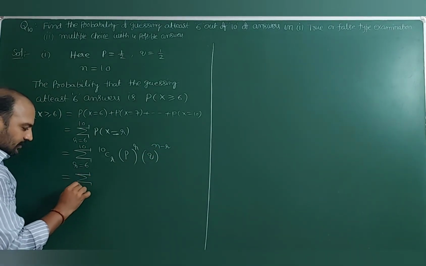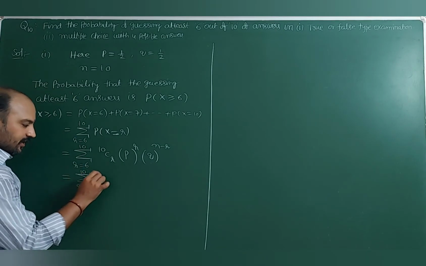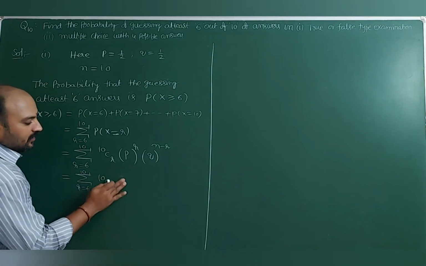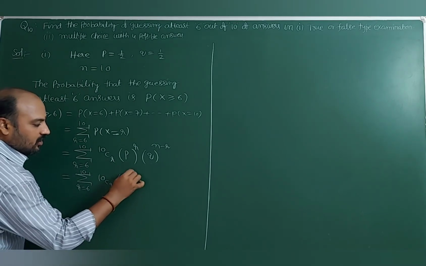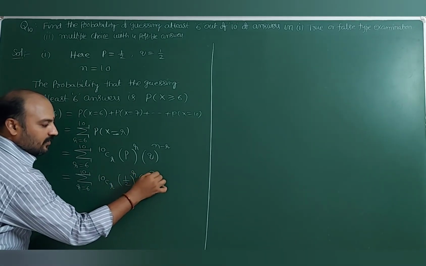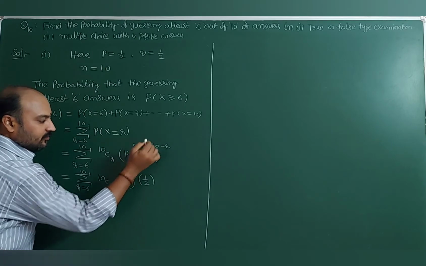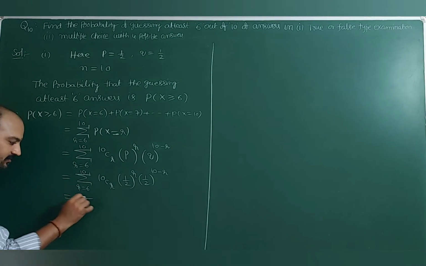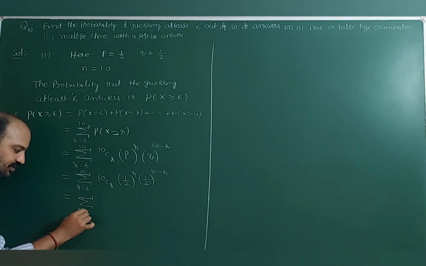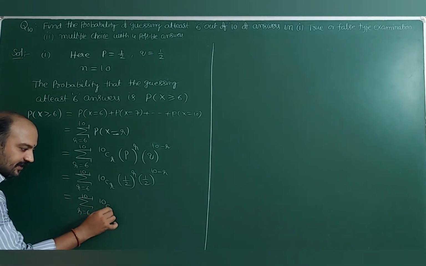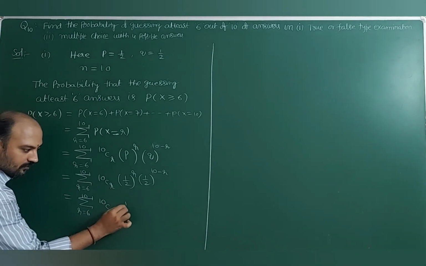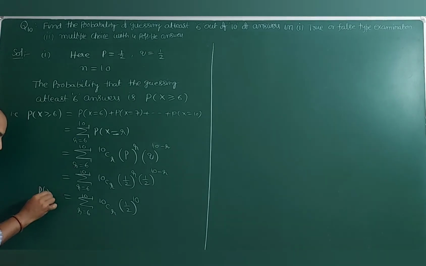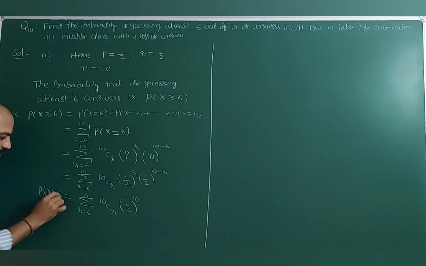So summation r is equal to 6 to 10, 10 C r, P value is 1 by 2, 1 by 2 whole power r, and 1 by 2 whole power n minus r, which is 10 minus r. The bases are equal, so the powers should be added. So it will become sigma r is equal to 6 to 10, 10 C r, 1 by 2 whole power 10. So this is P of x is greater than or equal to 6.